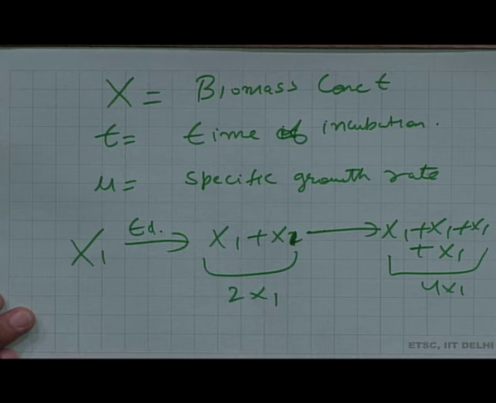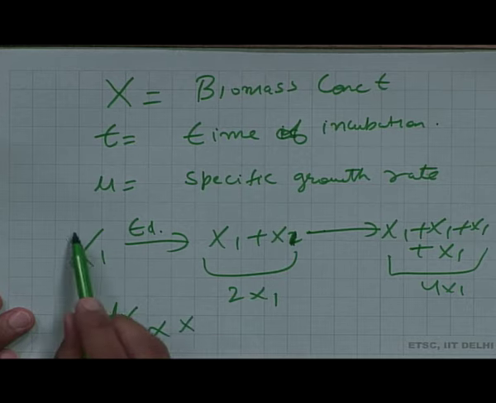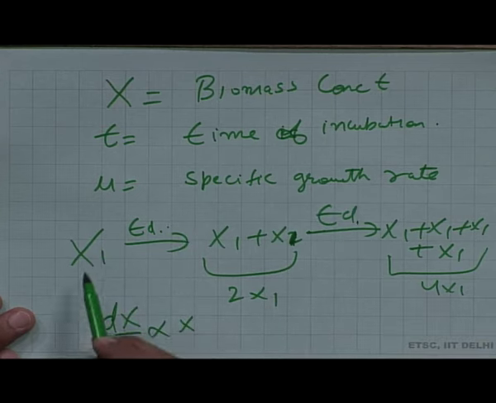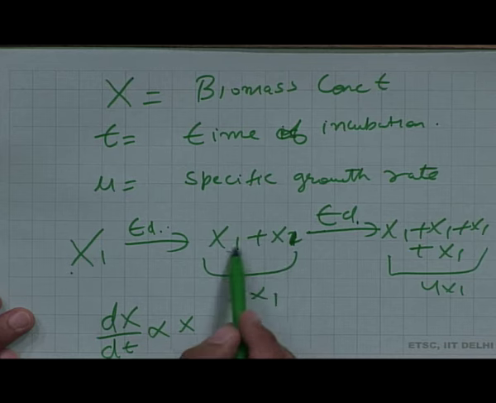So, is it okay to say that the rate of change of x with time is proportional to x? That means dx by dt is proportional to x, because see here, the time is the same, this is t doubling here, t doubling here. It started with 1 x, the biomass increased twice, and then the total biomass increased 4 times.